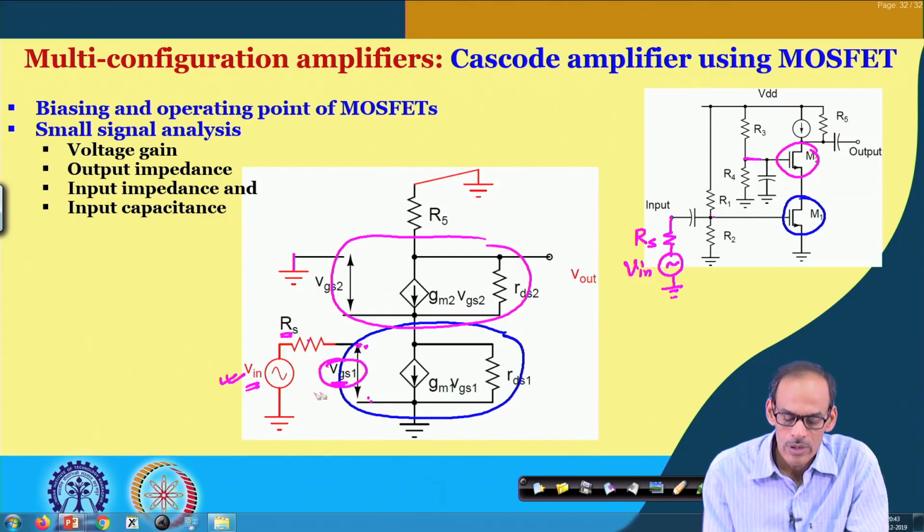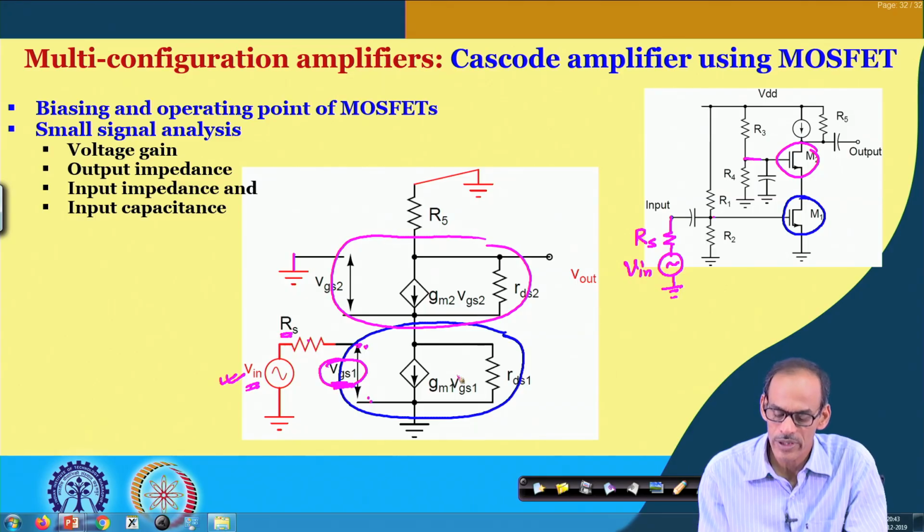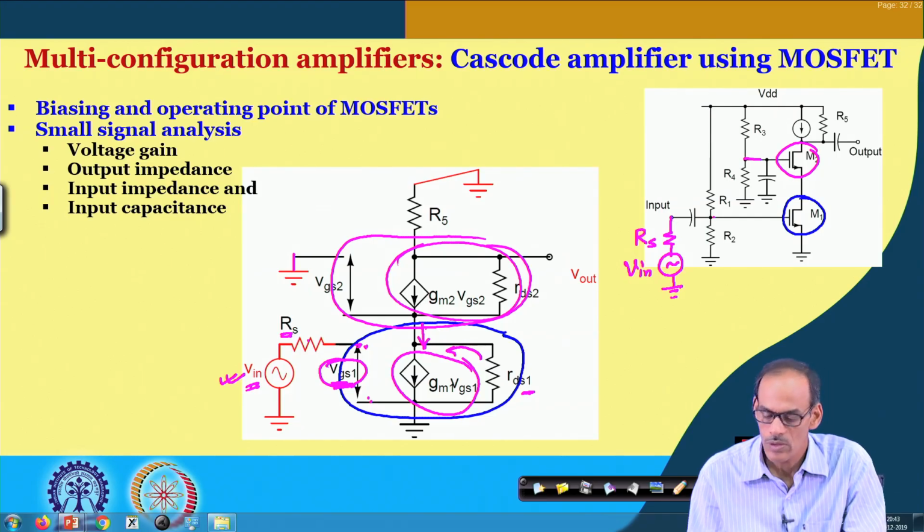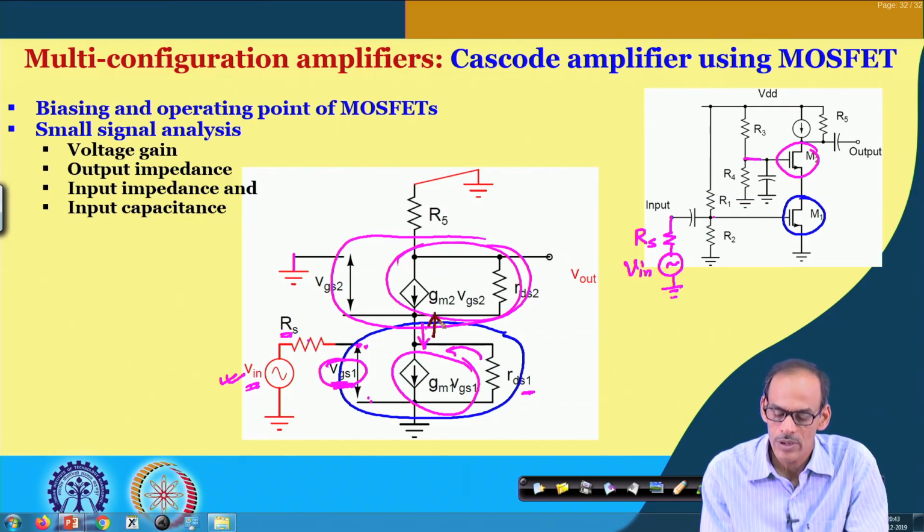So, now this input, which is appearing across the gate to source of transistor 1, is producing gm into VGS here, and you can say that this current is coming from this circuit. Of course, part of the current may be coming from this RDS1 also, but typically the impedance looking into this circuit is much smaller than the other impedance we have.